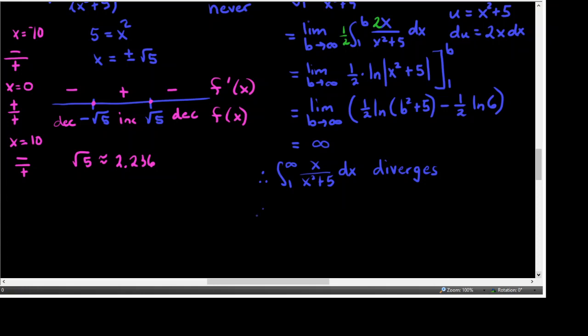What about the series? Well, because we use the integral test, whatever the improper integral does, that's what the series will do. So that means that the series, sigma from n equals 1 to infinity of n over n squared plus 5, also diverges.